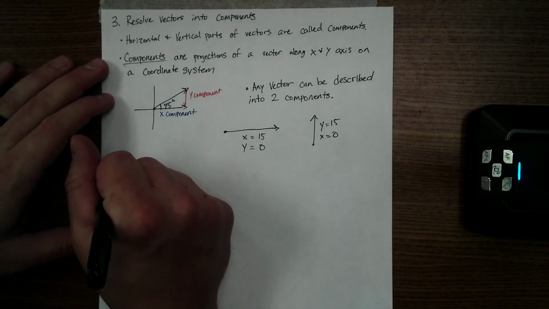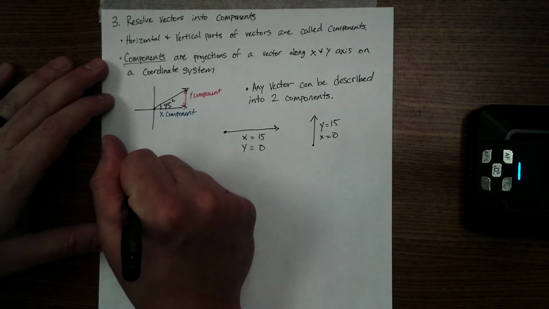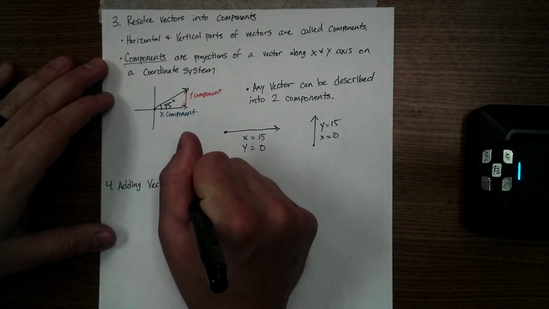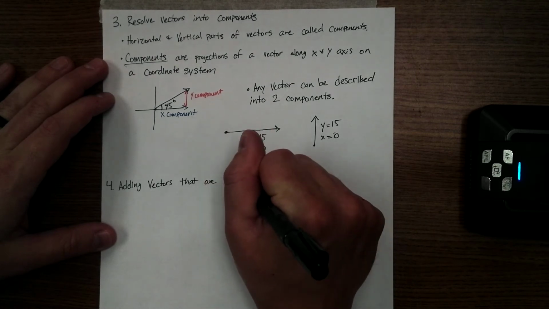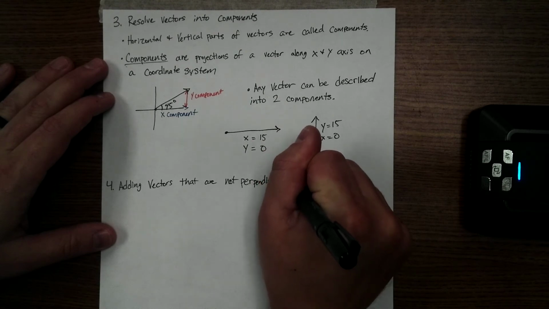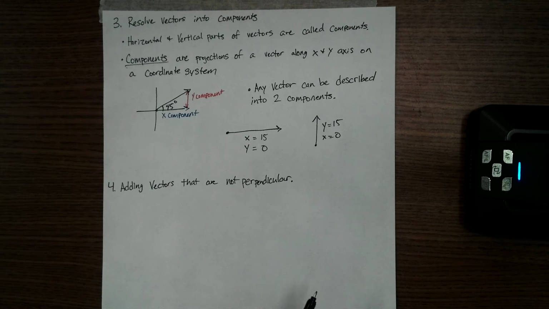All right? And the last little bit that we're going to talk about today is that we can also add vectors that are not perpendicular. Okay, so we can add vectors that are not perpendicular. Now, since these vectors have components, we can actually add these different components together and add the pieces that are in the same direction together to figure out a resultant vector.